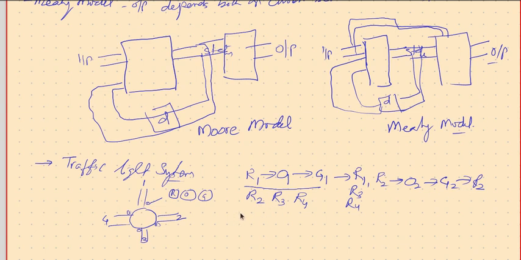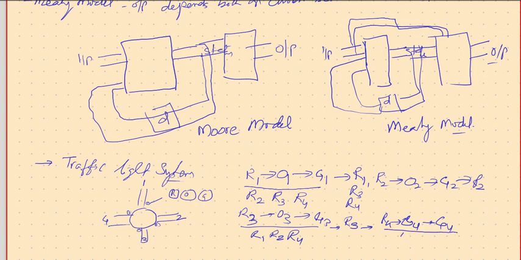Once this is done, then it comes back to R2. And once it is R2, then R3 becomes O3 and then G3. So during this time, first lane is off, second lane is off, fourth lane is off. So third lane is working. Then after some time, third lane also gets stopped. Then R4 becomes orange 4, then becomes green 4.